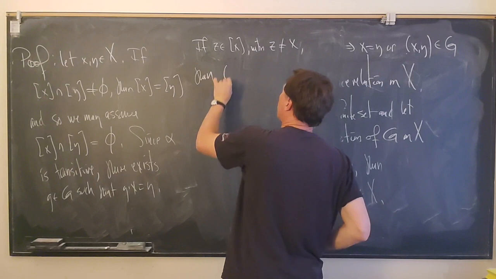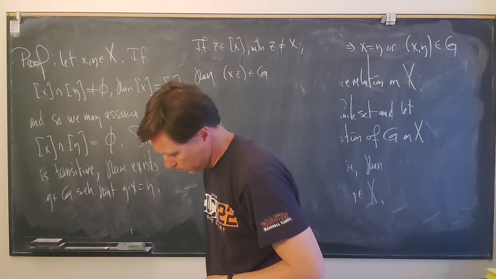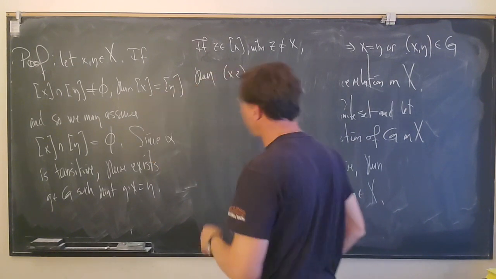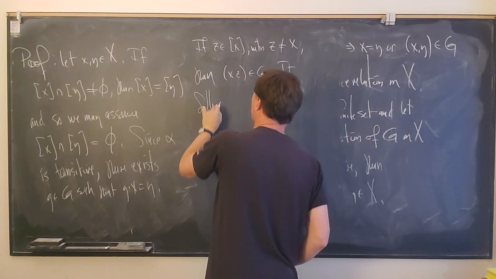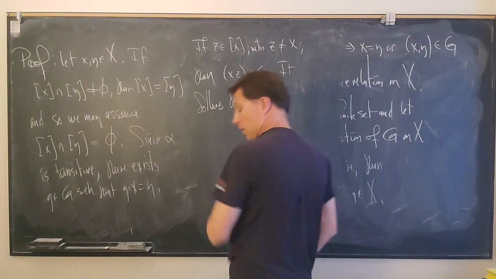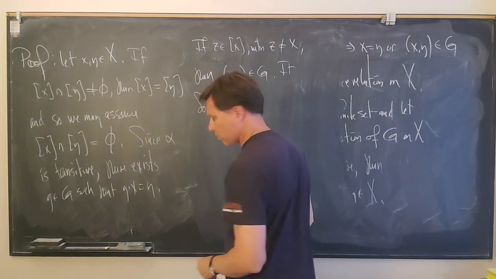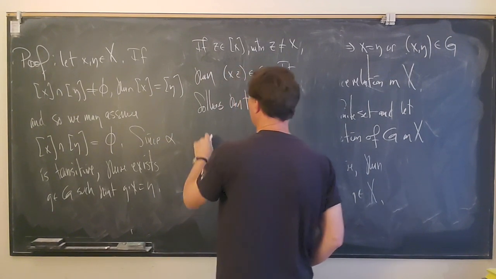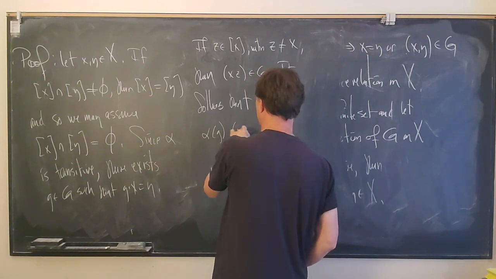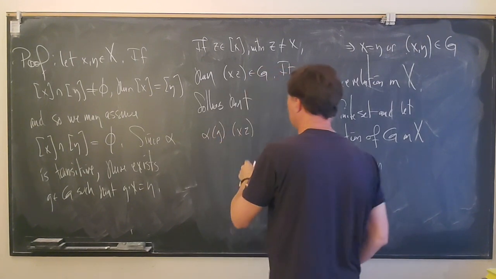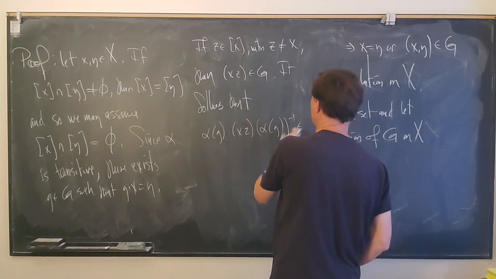So that means that we know that xz is an element of G. So it follows that alpha of g times xz times alpha of g inverse is an element of G as well.